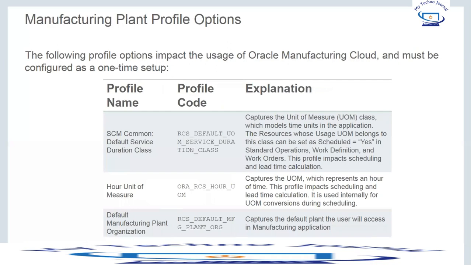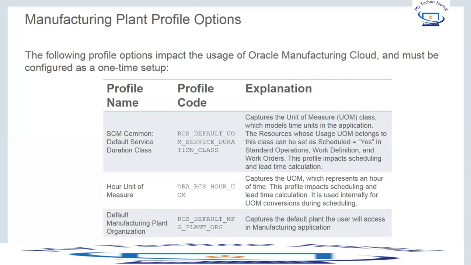Coming to the profile options, there are certain profile options available. One is the SCM common default service duration class profile option, and this has to be set at the site level. It identifies the unit of measure class, which represents the time unit of measure. If the resource usage is set to any unit within this class, then they are treated as schedulable resources. All resources with others cannot be scheduled.